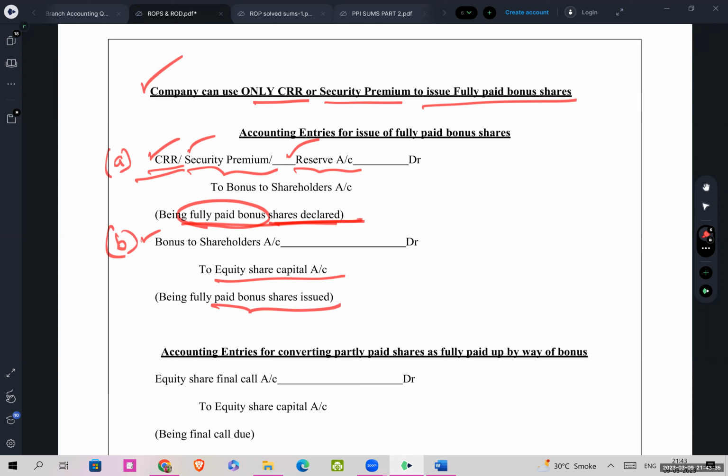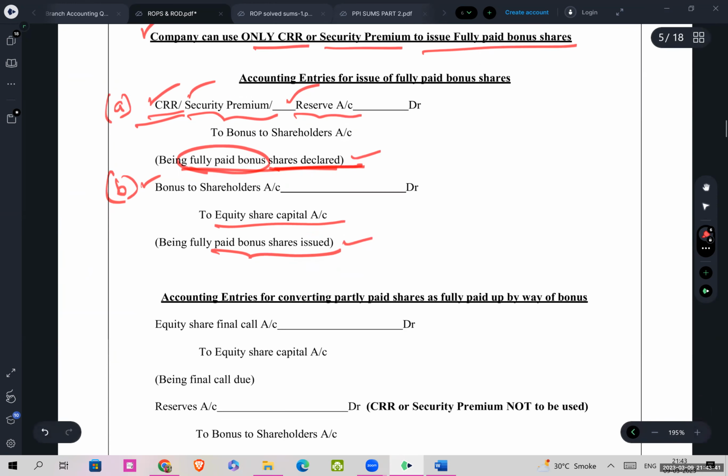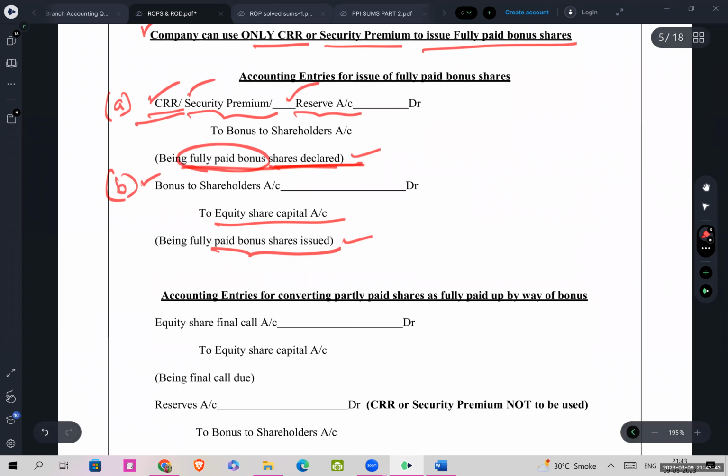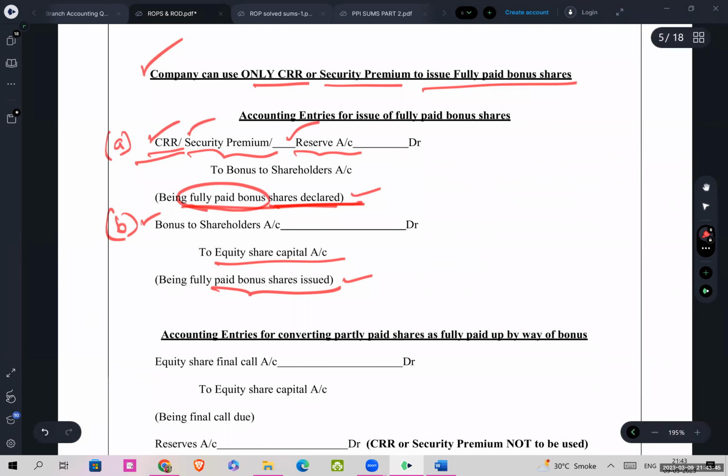पहले आप declare करोगे, उसके बाद issue करोगे. इसलिए declare की entry पहले आएगी, issue की entry बाद में आएगी. Clear? और ये किसकी entry है? अगर आपके bonus shares fully paid up हैं तो, अगर वो fully paid up नहीं है तो पहले उसको fully paid up करो. तो ये जो entry है, fully paid up bonus shares declared and fully paid up bonus shares issued.